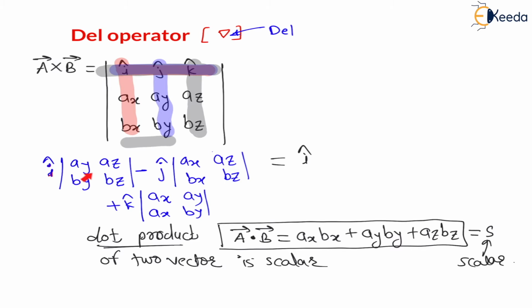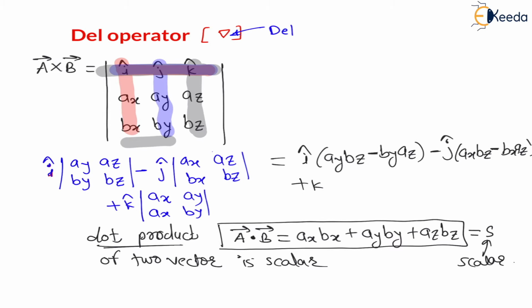So it is equal to i cap times the determinant: this cross multiplication ay bz, minus this cross multiplication by az. In between, minus j cap. Then the determinant of this 2 by 2 matrix is ax bz minus bx az.